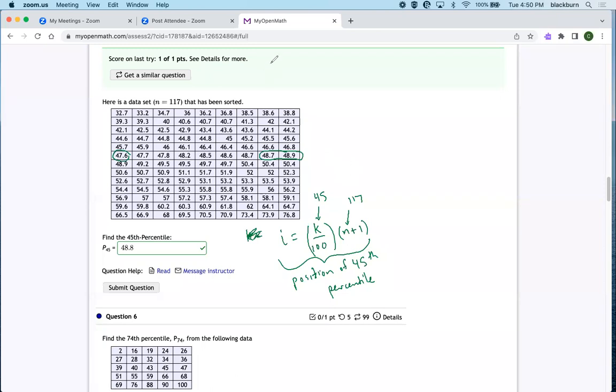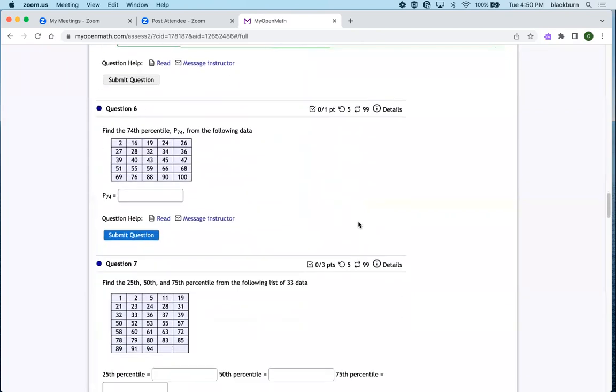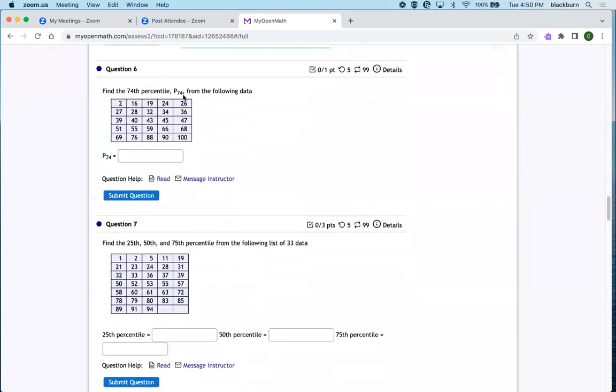All right. Would it be worth doing one more of those? Yes, that'd be great. So let's look at the next one down then, number 6. We want the 74th percentile from this data. So this data's got 5, 10, 15, 20, 25 data points, right?